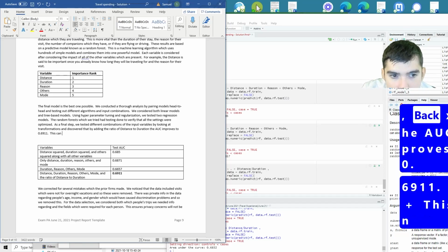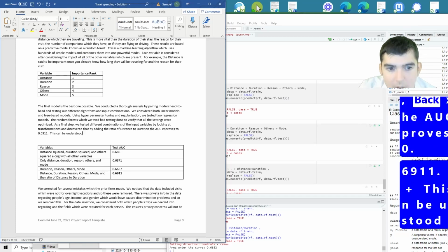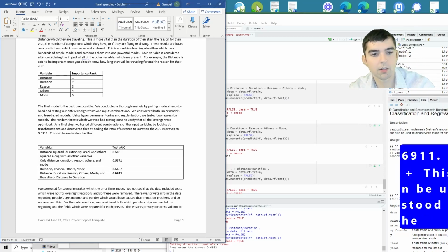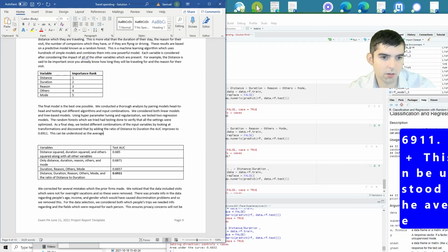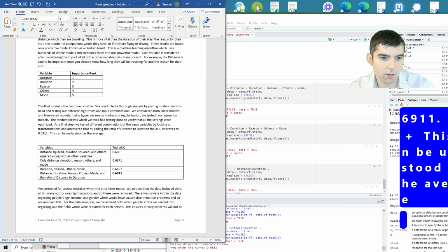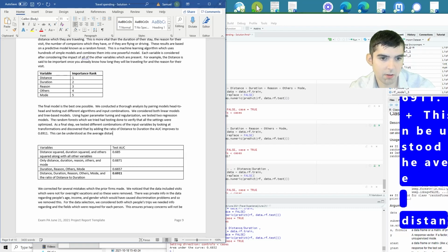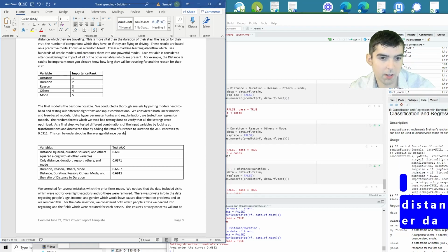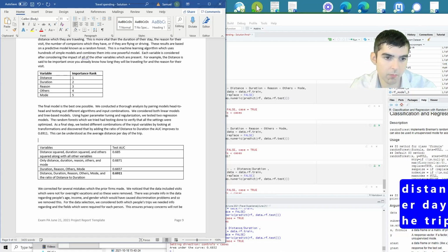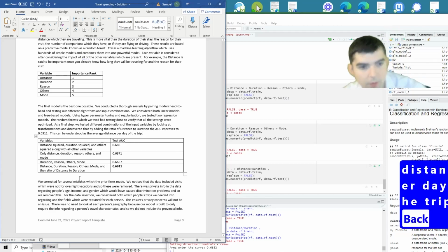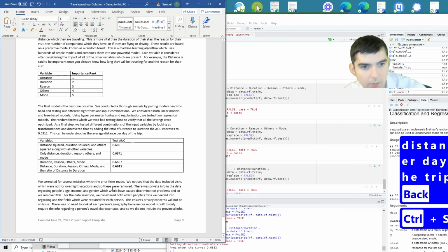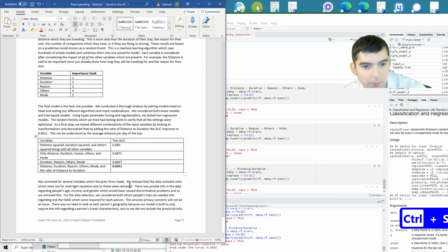Now, this can be understood as the average distance per day of the trip. So once we've done that, it looks like we've gotten to about 1 page.